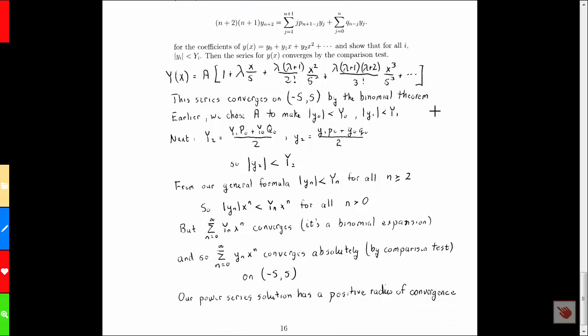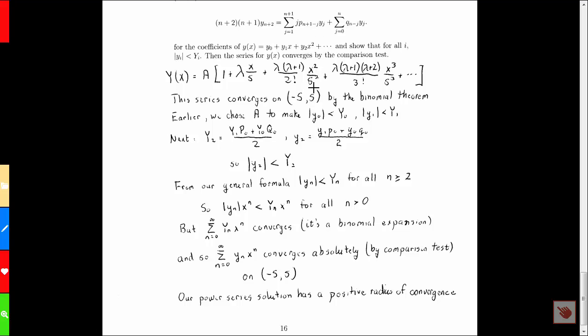Now let's look at the formula we derived and finish the proof. Here's our formula for little y sub n plus 2. It involves sums over little p, little q, and little y, and all the signs in these summations are plus signs. There are no minus signs.